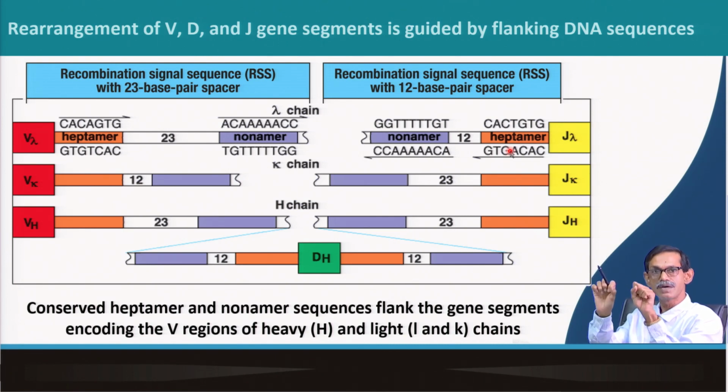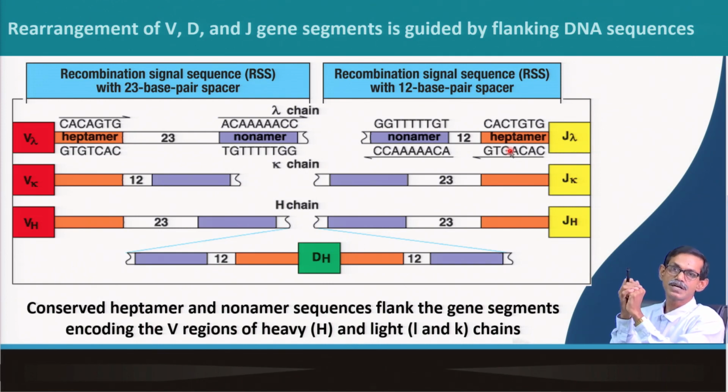There are heptamers on both the 5 prime and 3 prime sides of the DH segment, and both have a 12 nucleotide spacer. So, if this is the case, even if there are hundreds of DH, they will never recombine, because 12-12 will not recombine. Similarly, 23-23 will not recombine.